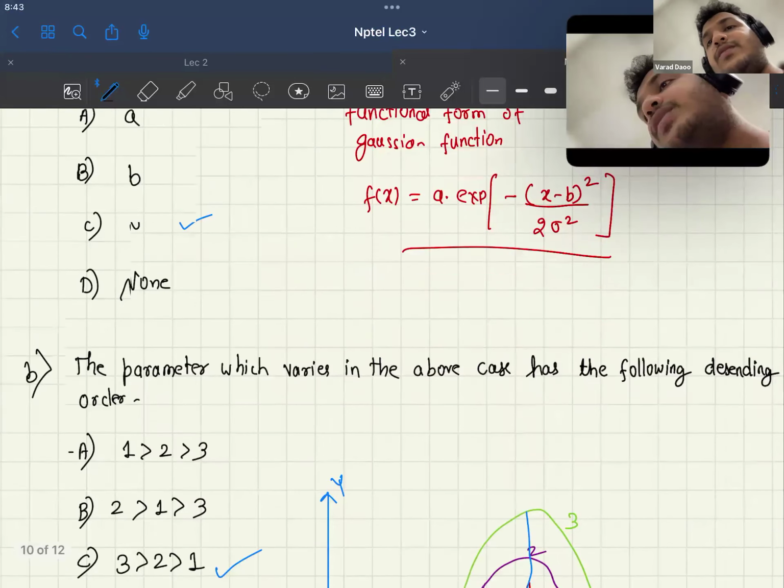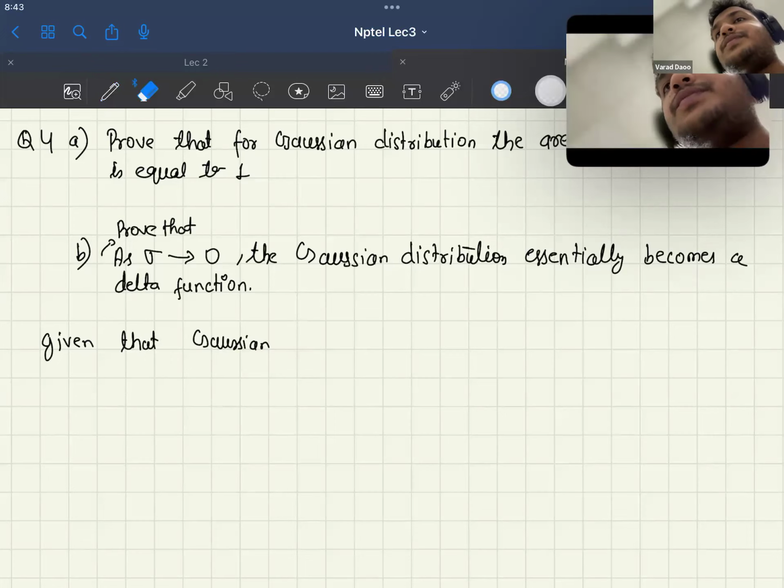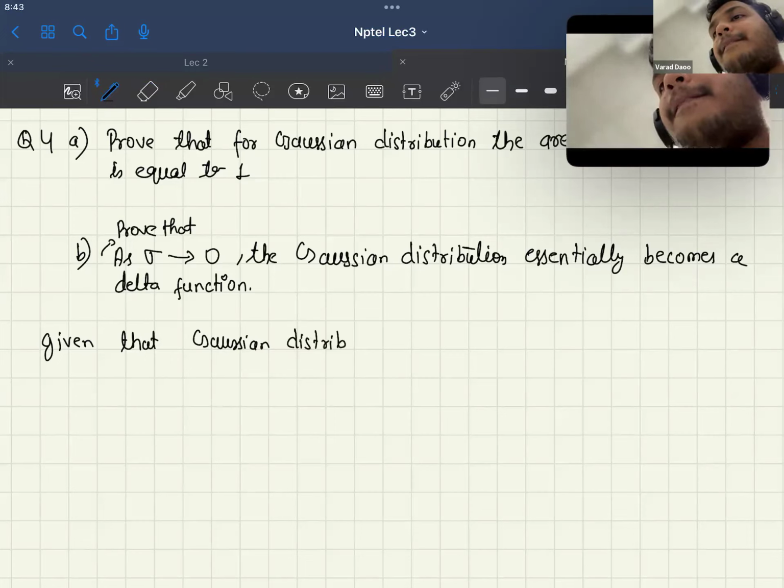You have been given that the Gaussian function, the Gaussian distribution, is given as f of x equals 1 by sigma root 2 pi multiplied by exponential of minus 1 by 2 into (x minus mu by sigma) whole square.